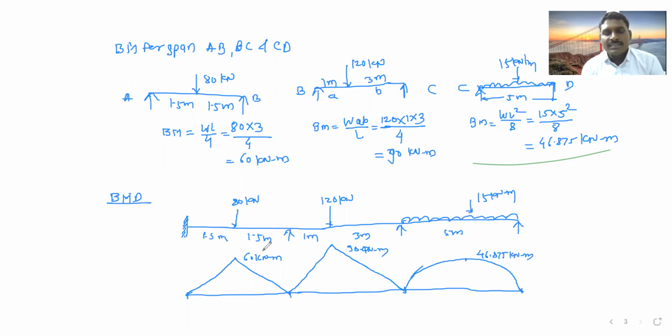I'm waiting for your answer. We started this problem in the morning. We calculated the MP for span AB, BC and CD. This is in your notebook.